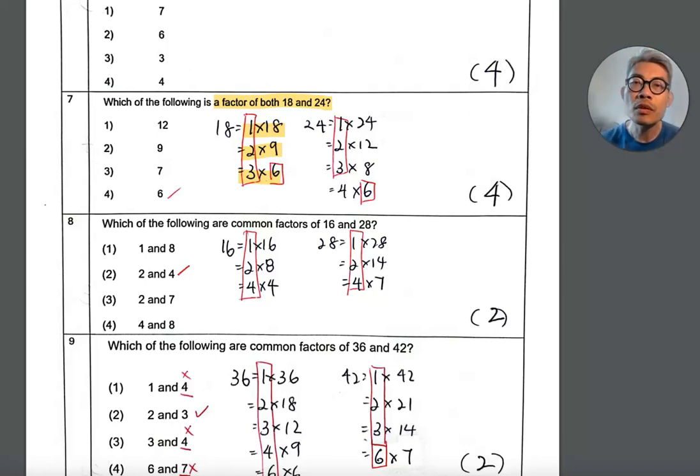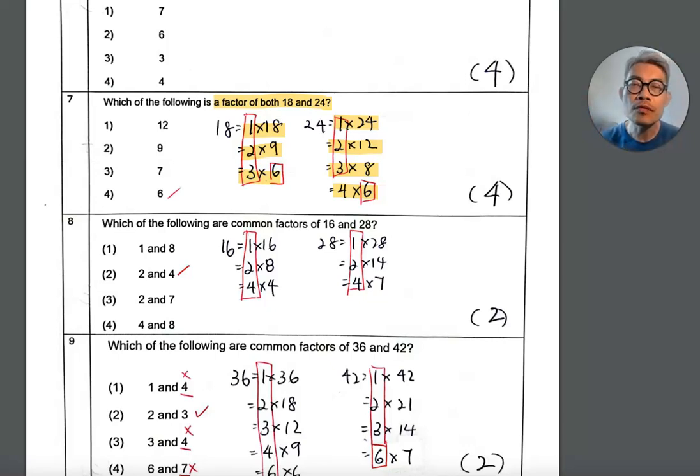Likewise, for the factors of 24: 1 times 24 is 24, 2 times 12 is 24, 3 times 8 is 24, 4 times 6 is 24. Usually I go down in a systematic step-by-step manner, starting from 1, then 2, 3, 4, 5, 6, and so on.